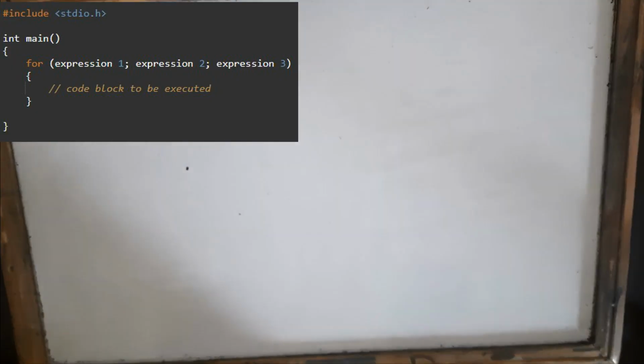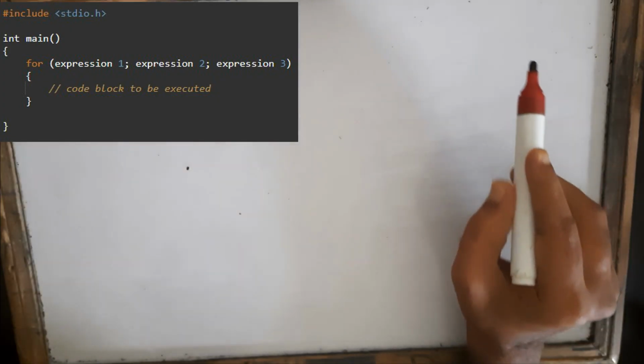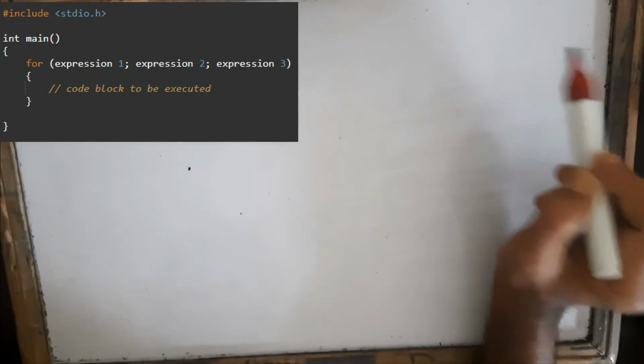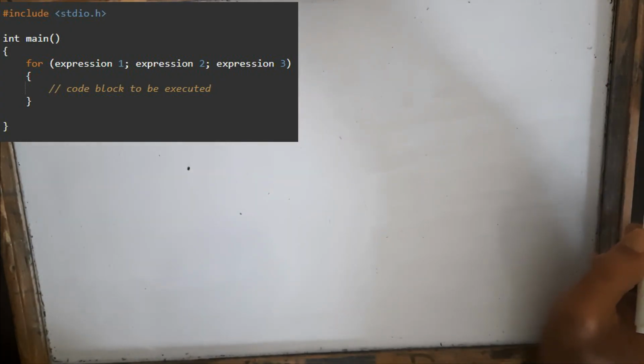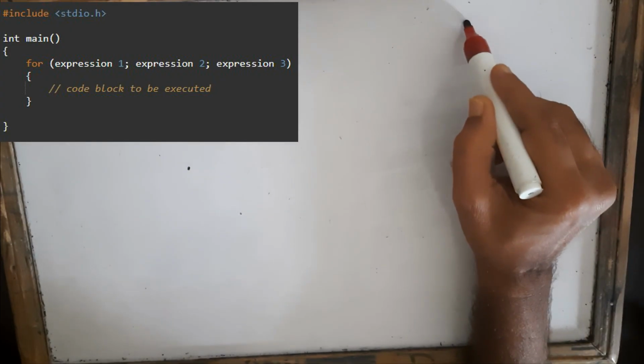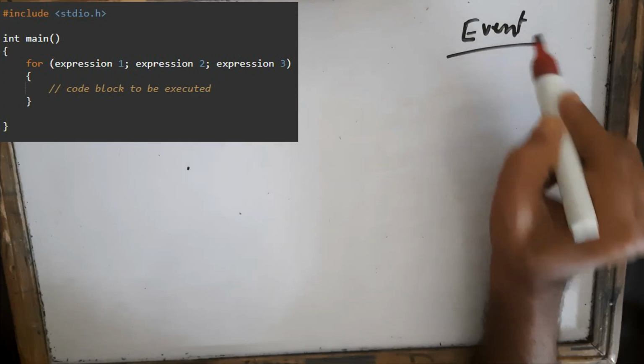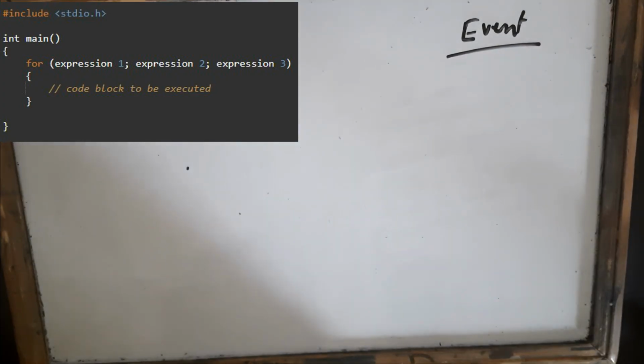In today's chapter, we talk about for loop. Let's take a real-time example where somebody tells you to check for an event to occur, or wait for an event.